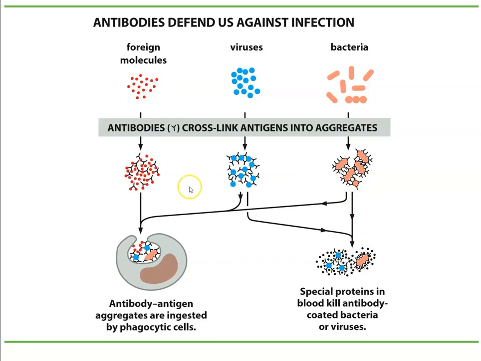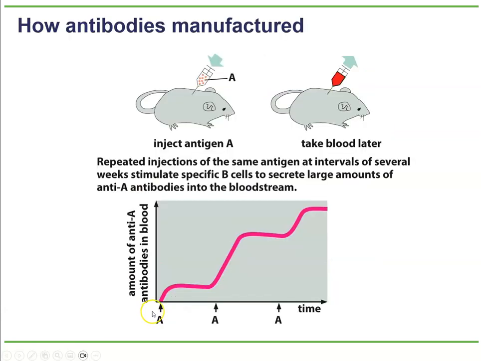Released antibodies help to cross-link and aggregate those things so that phagocytic cells can come in and digest them, or special proteins in the blood can come and kill coated bacteria or viruses to eliminate them from our systems. Typically, you'll see that you give different titers or injections over time, because the amount of antibody in the blood is increased at different injection time points.